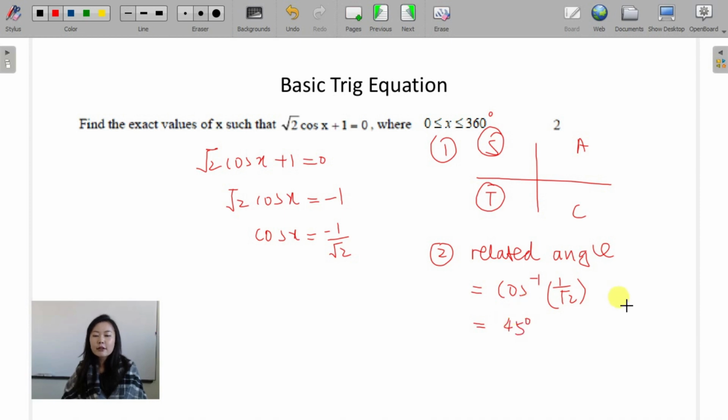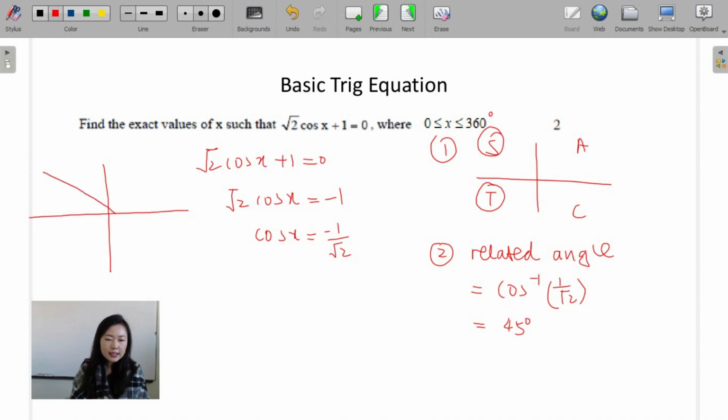So how do I interpret both steps and turn that into answers? I'll do it on this side. We should be in the second and the third quadrant with a reference angle of 45 degrees. Don't forget this is 180, this is 90, this is 270.